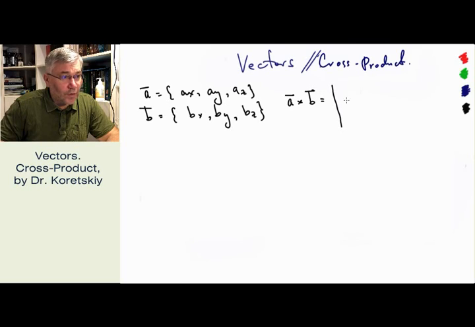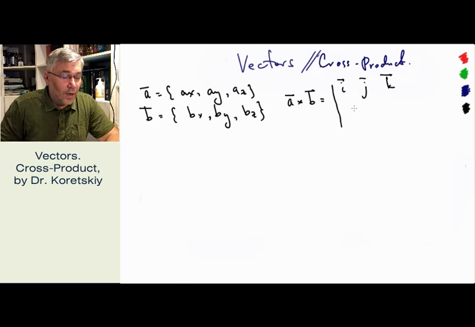is the determinant of the matrix which consists, in the very first row, of the unit orthogonal vectors in the Cartesian coordinate system i, j, k.